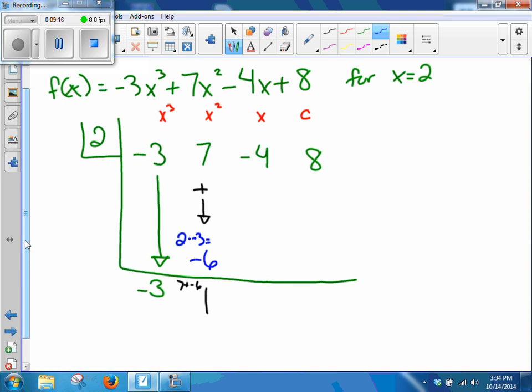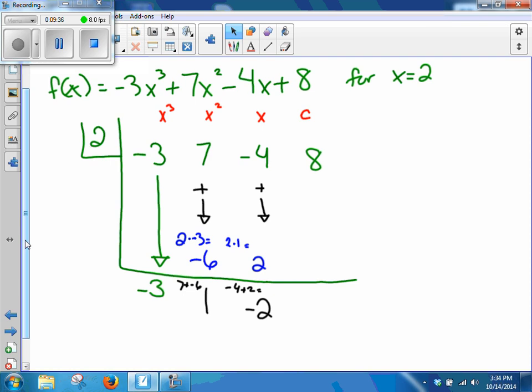So I have to take 2 times 1, and I get 2. Okay, that goes into the second part. Then I have to add straight down. So then I get negative 4 plus 2, which is equal to negative 2. Okay, hopefully you're following along.